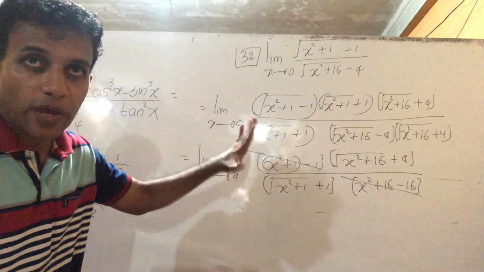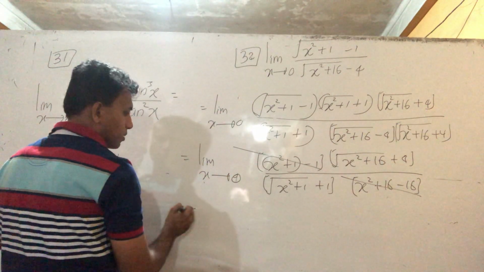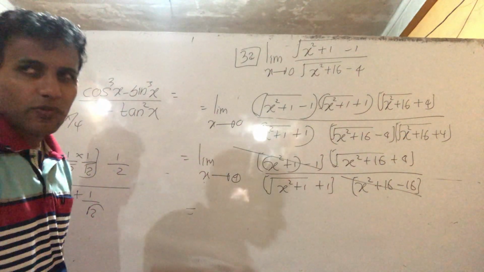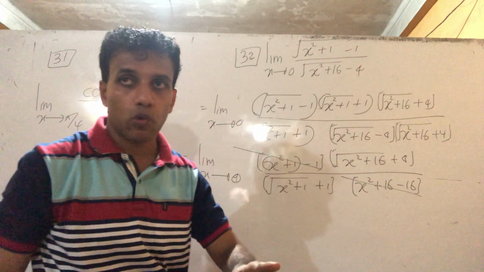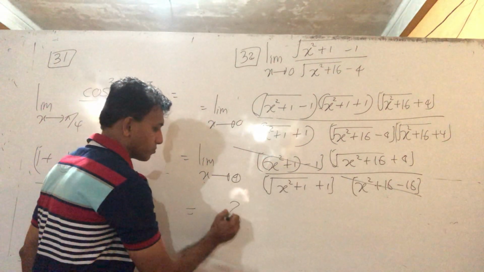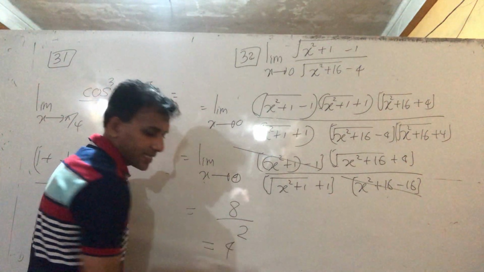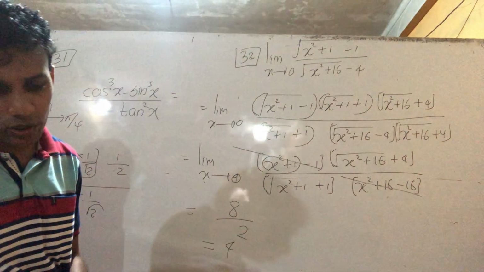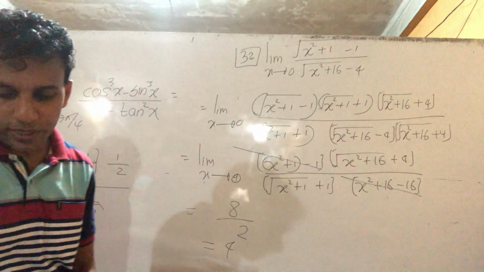Take that x square cancel. And now we put the answer. Put x for 0, simplify. 0, square root 16 is 4. 4 plus 4, 8. Here 1 plus 1, 2. The answer is 4. So limit exists. If you properly follow this way, you can get the answer. Limit exists, value is that.